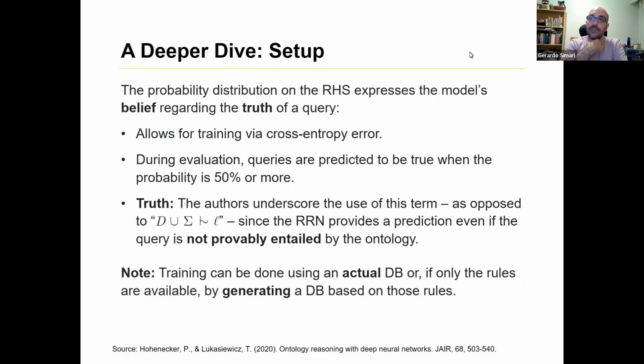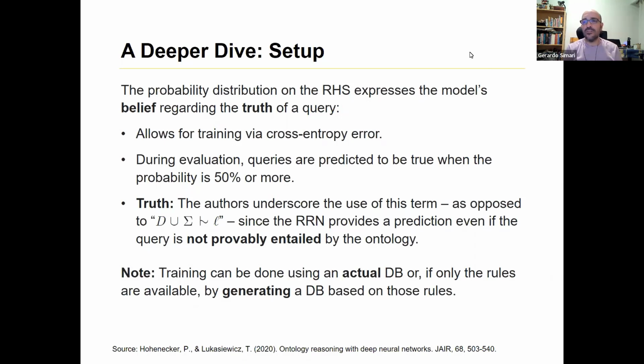Having probability distributions will allow for training using cross-entropy error. And the authors point out that during evaluations, they set a 50% threshold for queries to be predicted to be true or false. So if it's 50% or more, it'll be true, otherwise it'll be false.